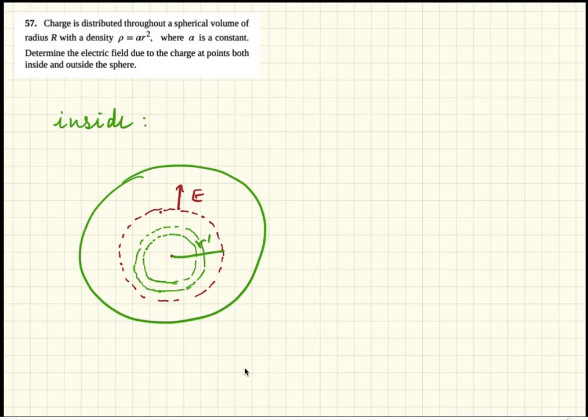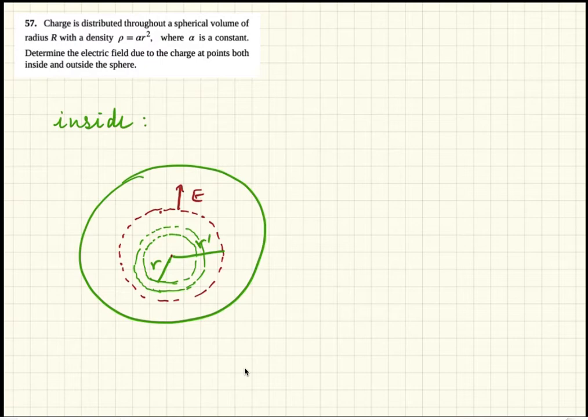And the electric field at this point due to the shell is as if the shell was a point charge. Now this shell, we'll call this radius r.